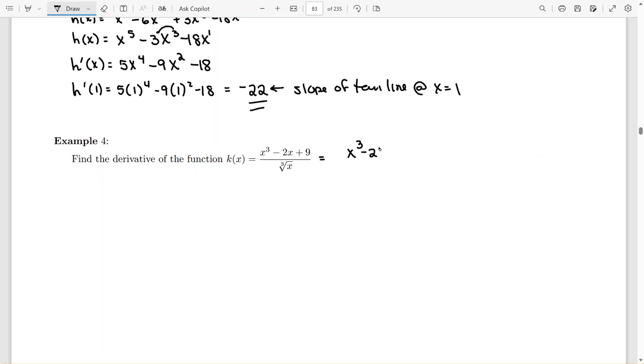I'm going to rewrite the cube root of x as x to the 1/3 power over root. I'm going to move this up to the top and multiply by the numerator, the x to the 1/3, and it's going to be x to the negative 1/3 when it comes up. Cross the line, change the sign.